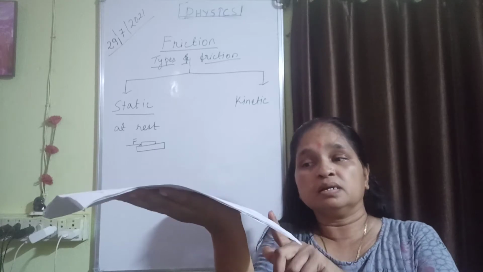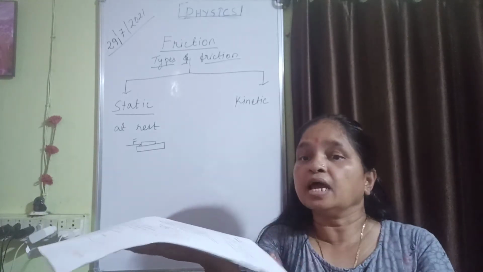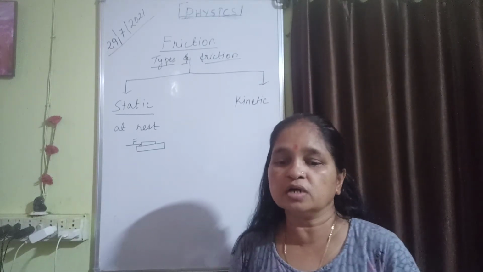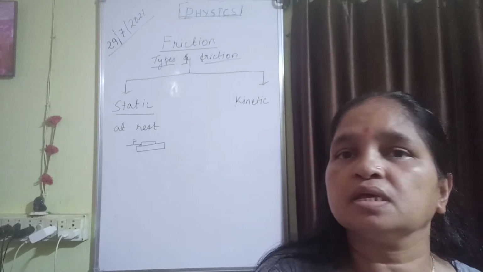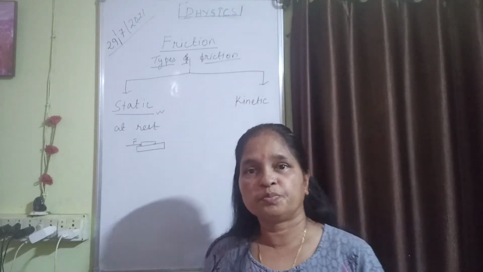So when one object is kept on another object and force is applied, but the body does not move, that friction is known as static friction. Hope you have understood.